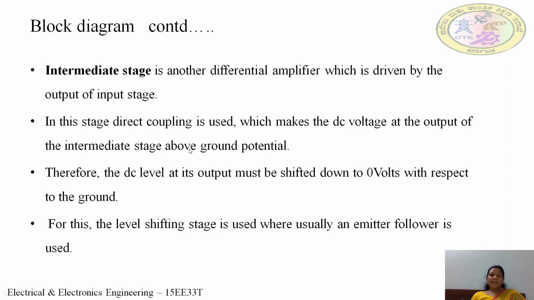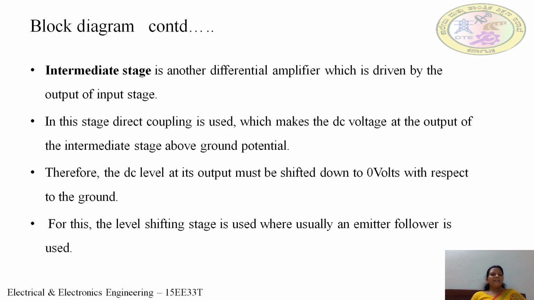They don't use any capacitors to couple the stages. Because of direct coupling, the level of the DC voltage at the output of the intermediate stage would be shifted above the ground potential, above zero potential, because of the biasing voltages.